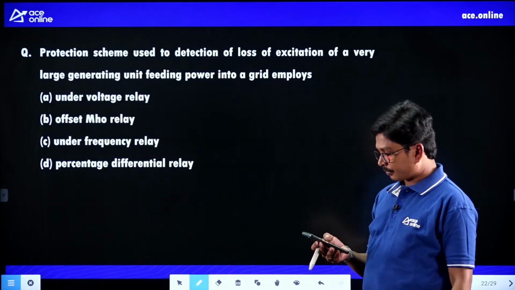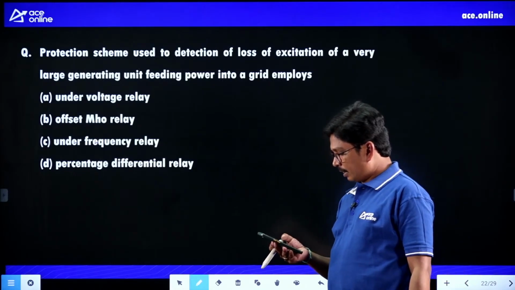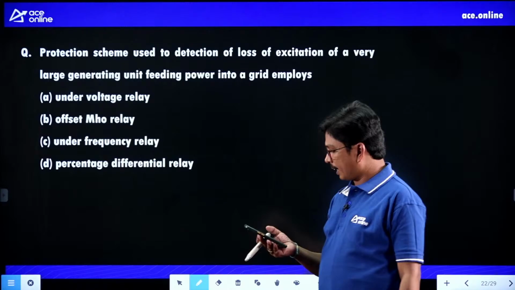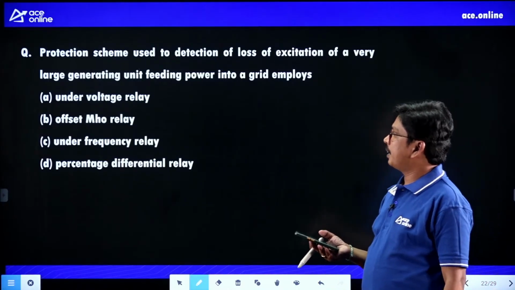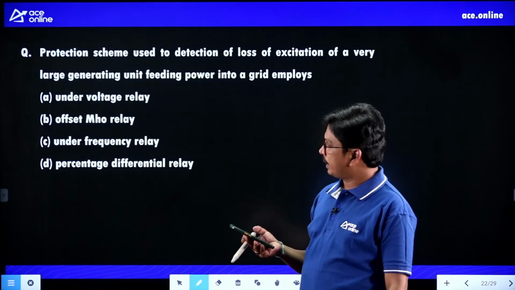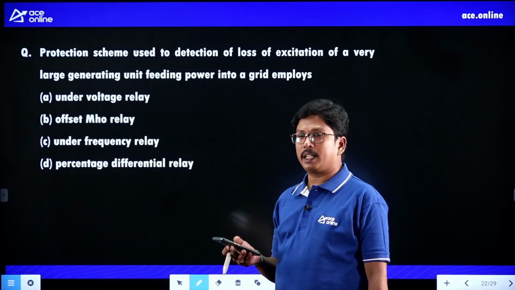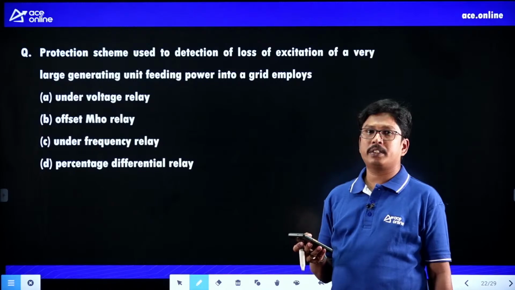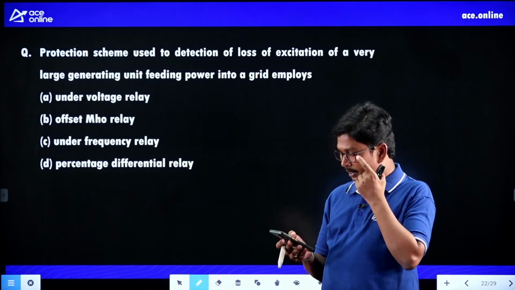What is the answer? Under voltage relay, offset mho relay, under frequency relay, or percentage differential relay. Tell me what is the answer?